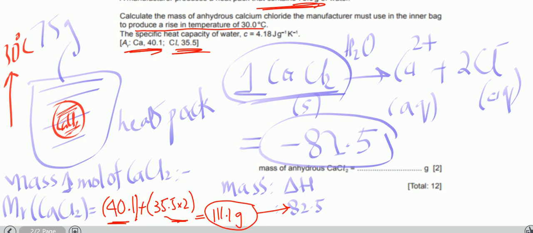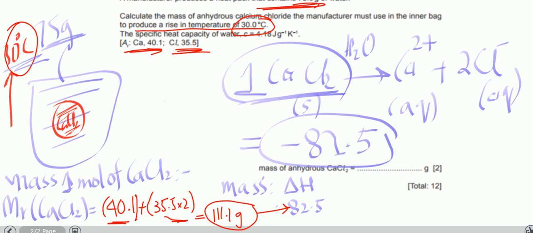Okay, so this is the mass that is going to give us 82.5 of enthalpy change. But what is the enthalpy change that we get if there's a temperature rise of 30 degrees Celsius and there is 75 grams of water? So we're going to calculate the heat energy that we get when we have 75 grams of water.